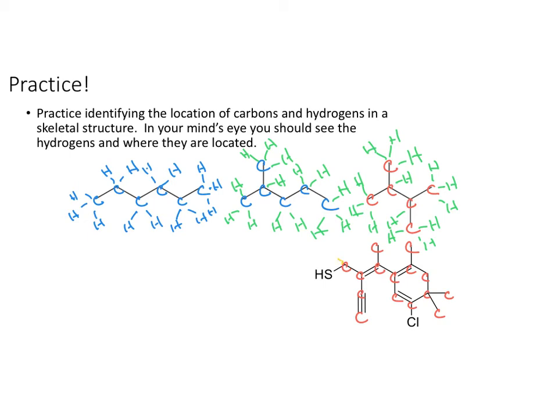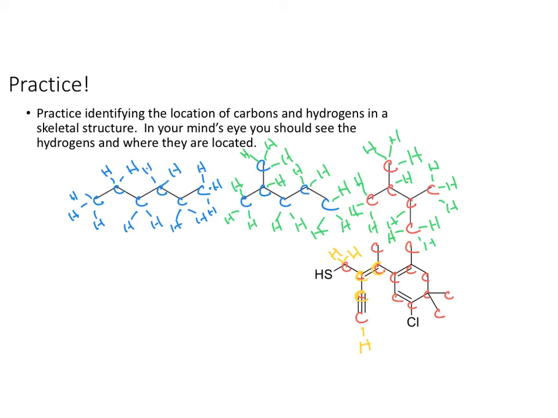So this carbon is going to have 2 hydrogens. This carbon will have 1 because it has a triple bond to the other carbon, so that's 3 out of the 4, so it just needs 1 hydrogen. This carbon isn't going to have any hydrogens because it's already triple bonded to the other carbon and single bonded to the one above it. This carbon also won't have any hydrogens because it already has 4 bonds.